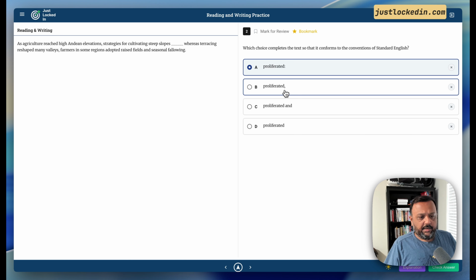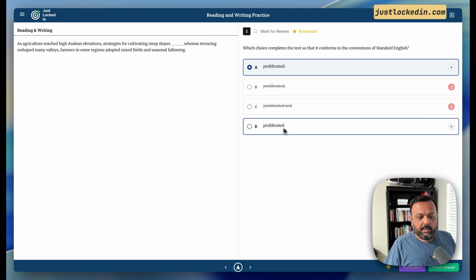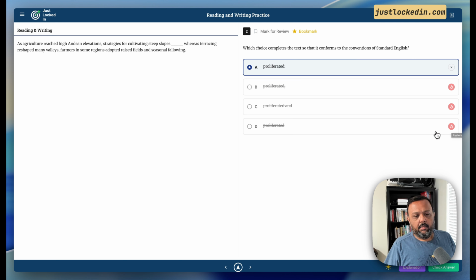"Proliferated comma" is not a good answer because it leads to a comma splice. "And" is wrong because it's an incorrect use of a FANBOYS conjunction. This one is going to lead to a run-on because there's no punctuation, no conjunction, nothing. It's just putting two independent clauses together in one sentence, and it's not correct. So "proliferated colon" is the right one. Check answer. This is the right answer. Let's move to the next question.